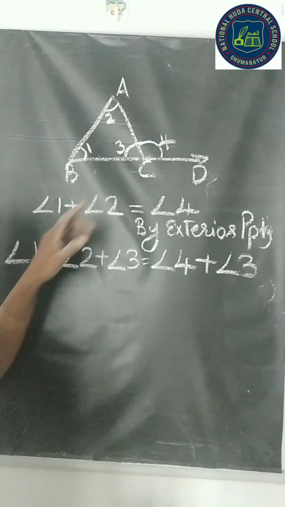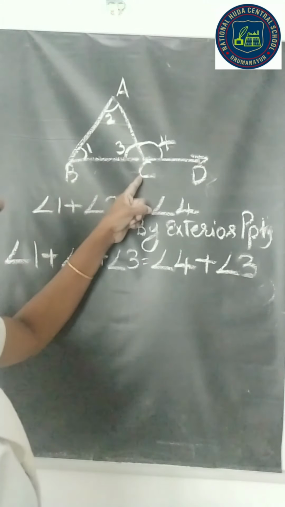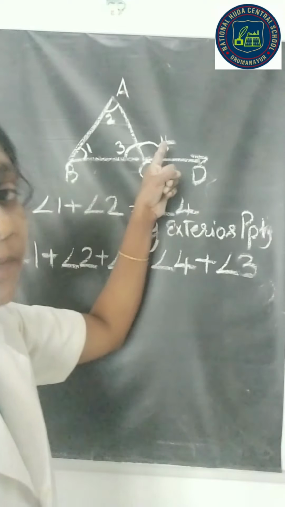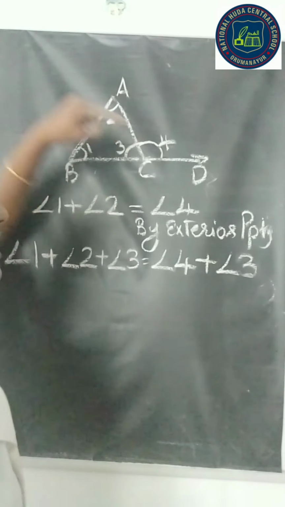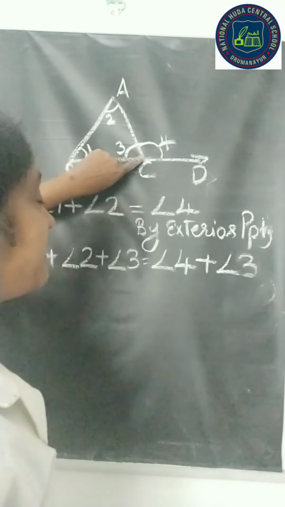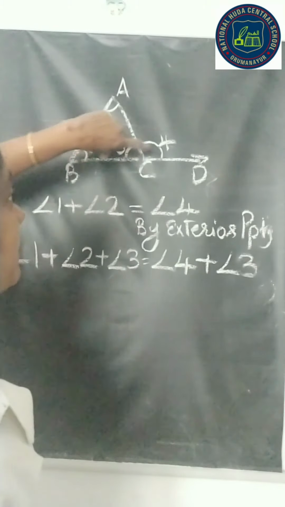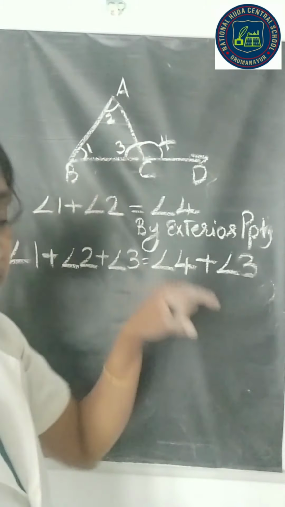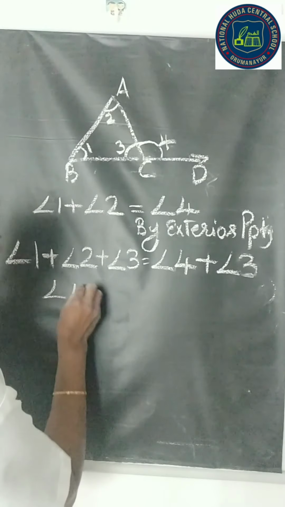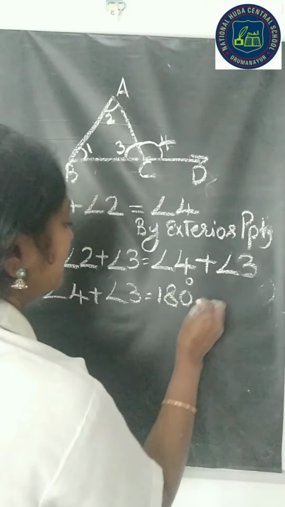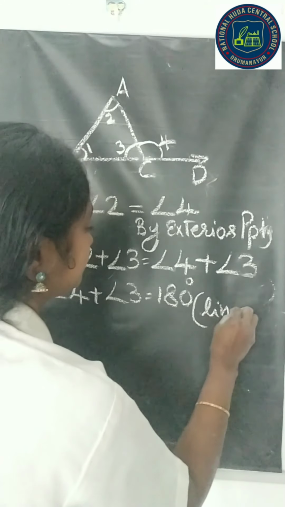From the figure it is very clear that angle 3 and angle 4 are linear pair angles. Since they have a common vertex, a common arm, and two non-common arms lie opposite to each other, angle 4 plus angle 3 is equal to 180 degrees. Linear pair.